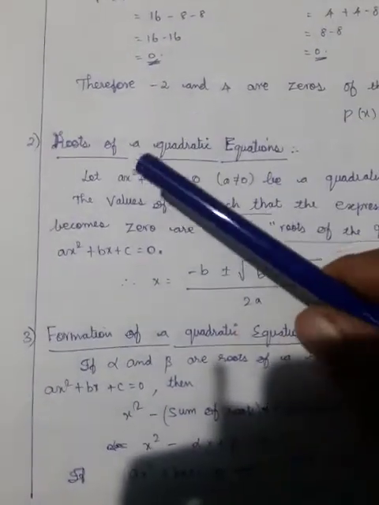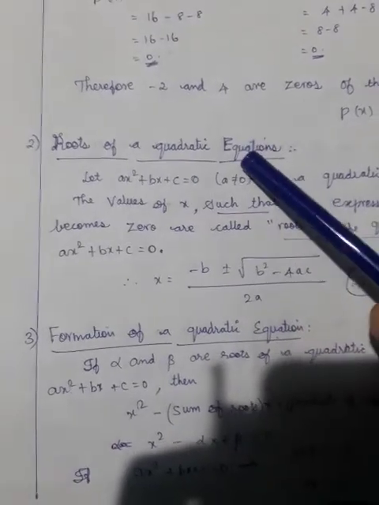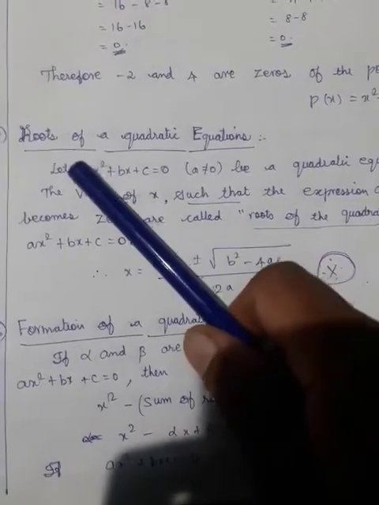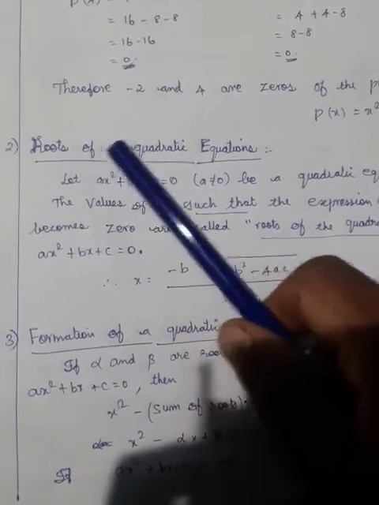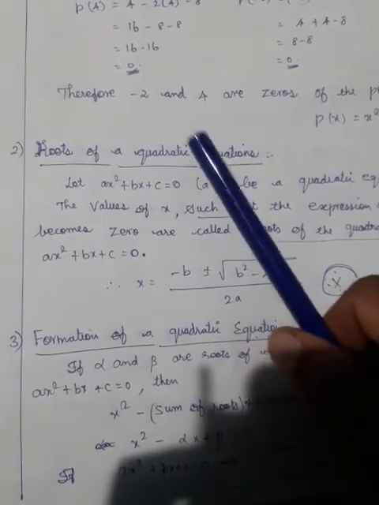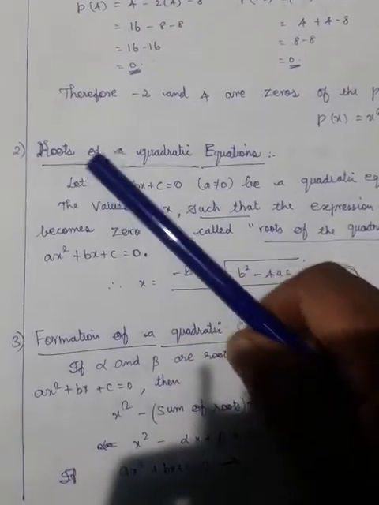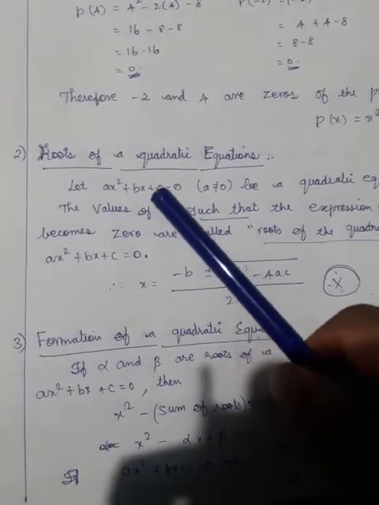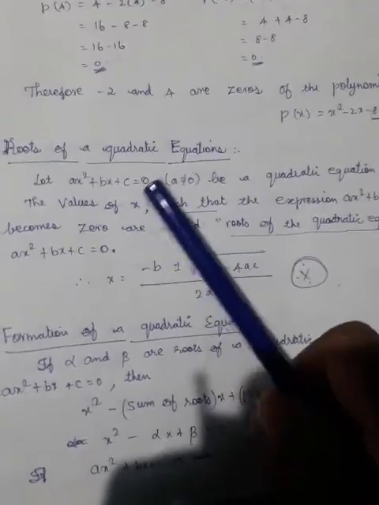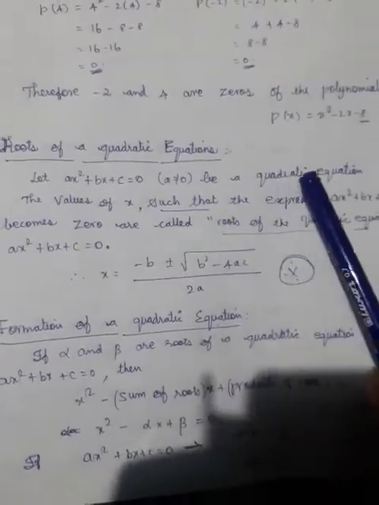The second one: roots of a quadratic equation. Let ax square plus bx plus c equal to 0 be a quadratic equation.